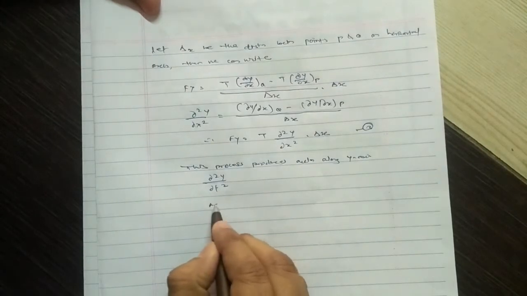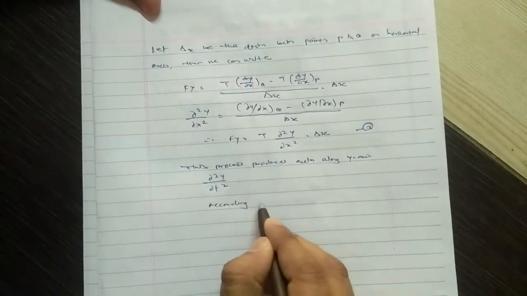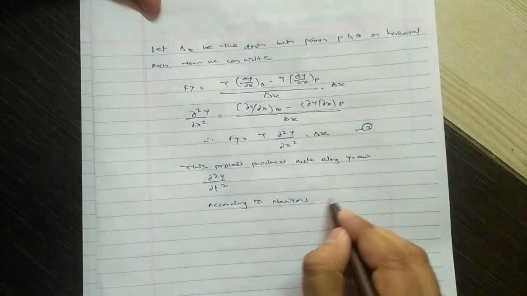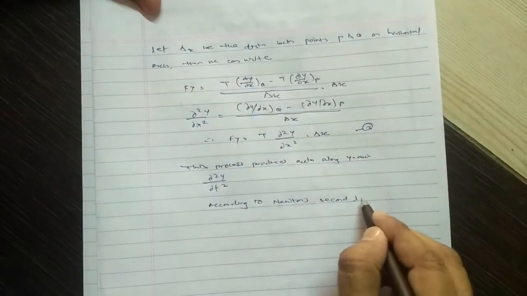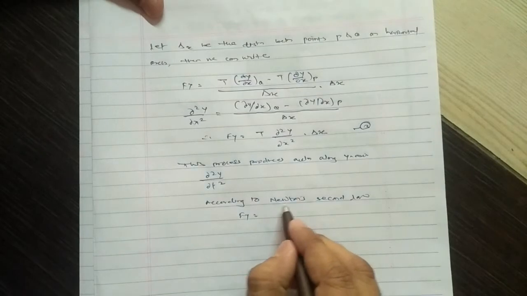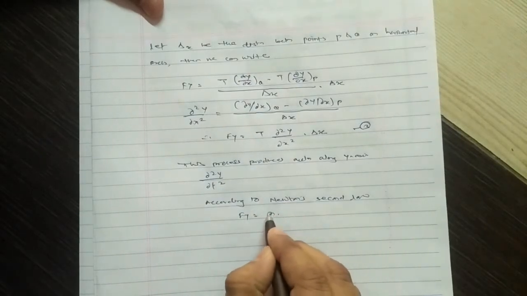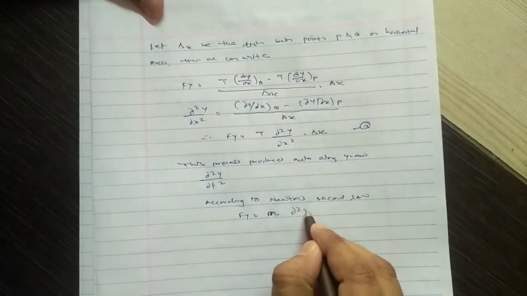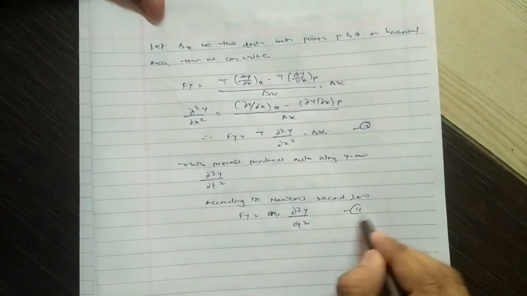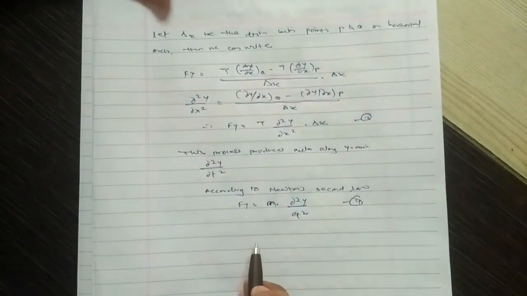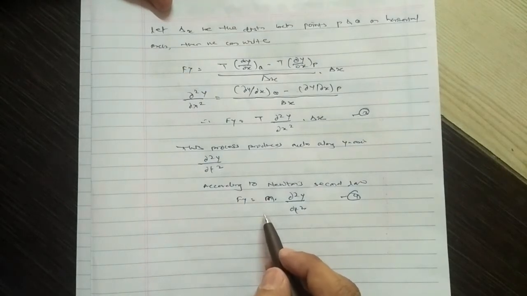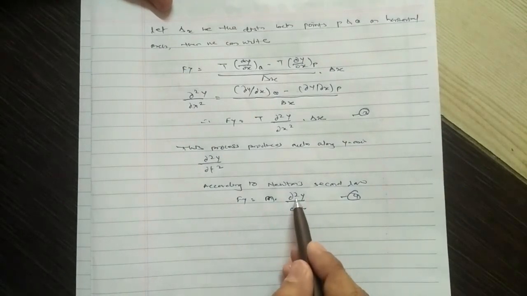Then according to Newton's second law, f of y is equal to m into delta square y upon delta t square. This is equation number 4. What is the second law? Newton's: F is equal to mass into acceleration.